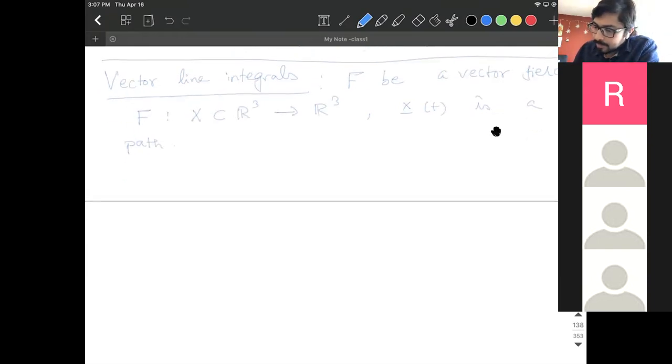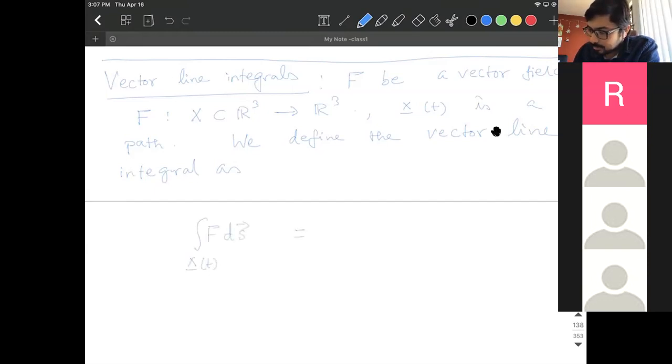Now we define the vector line integral as follows. So this would be our notation. The integral over x(t) of F dot d s as a vector, by definition is given by the integral from a to b.